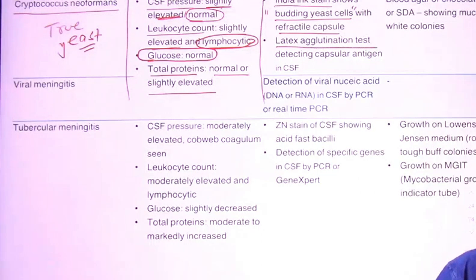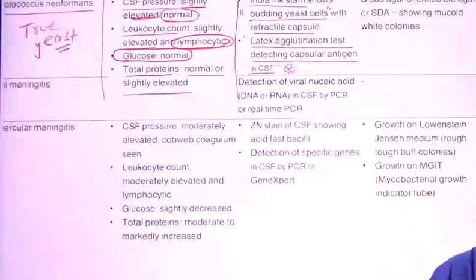The latex agglutination test detects the capsular antigen in the CSF. In that Harrison chart, we have seen that for various bacteria you have the latex agglutination test, and this is also available for Cryptococcus. This was asked in one of the exams.